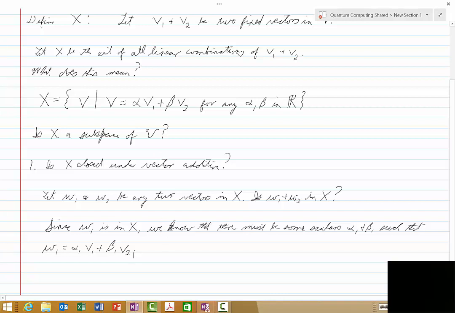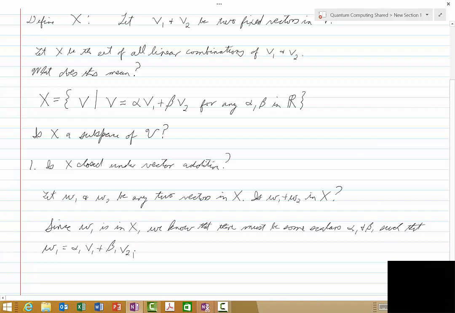And so I'm just going to call that particular choice alpha 1 and beta 1 to help us remember that those are the choices of alpha and beta that go with W1. Okay? So W1 is equal to alpha 1 V1 plus beta 1 V2.